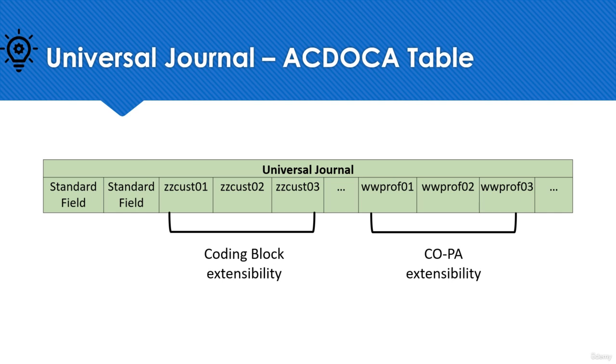COPA extensibility refers specifically to account-based profitability analysis through which Universal Journal lines can be extended.